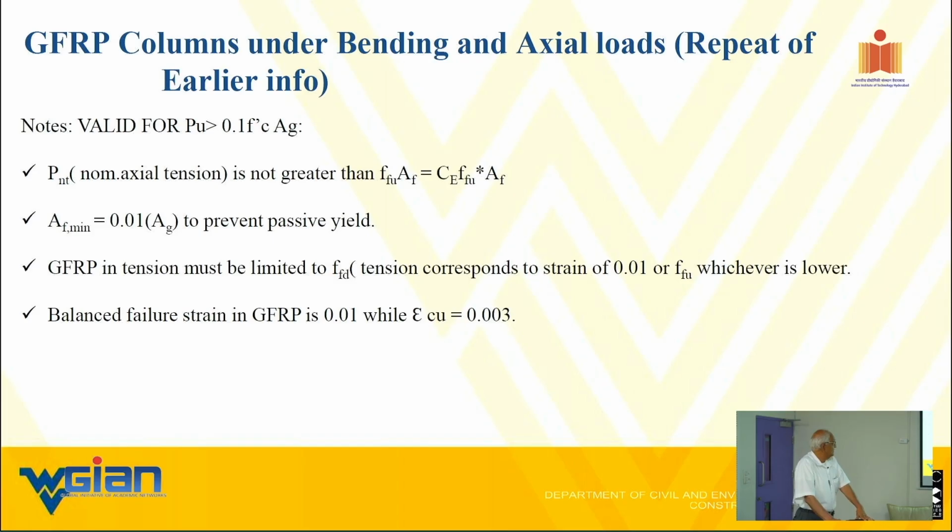Nominal axial tension is a standard equation, and AF min, whether you have any force or not, so you are talking about a minimum of 1% for columns. You must provide it.